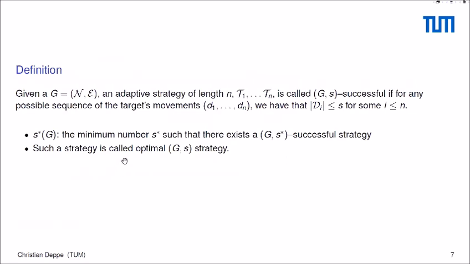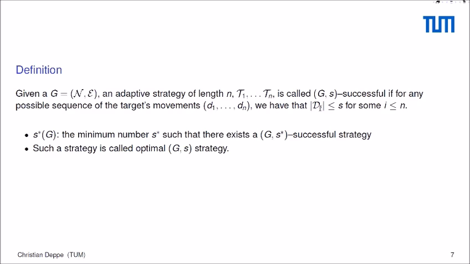Then we call an adaptive strategy for a given graph G successful if for any possible sequence of movements we have for some D_i that its size is smaller or equal to s, with i less than or equal to n. That's the reason we do an adaptive strategy.